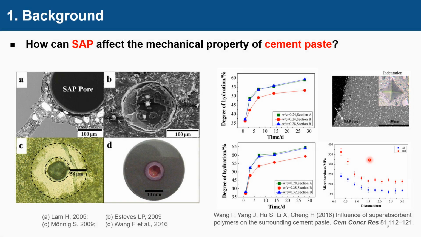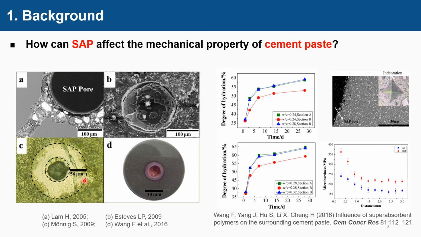On the other hand, the cement paste surrounding cement particles has a higher degree of hydration and a lower capillary porosity, probably because of the internal curing effect offered by the SAP. This part of cement paste is called internal curing zone.